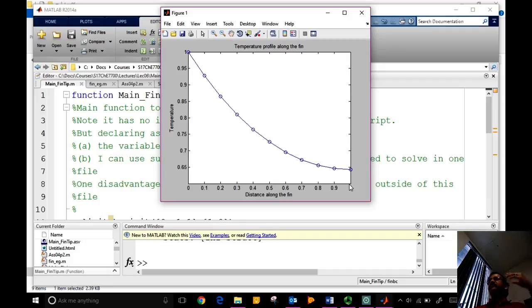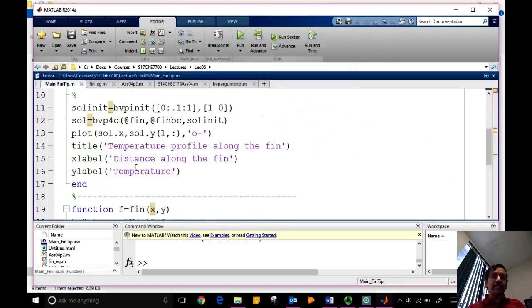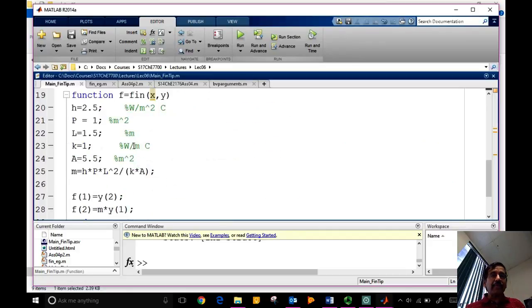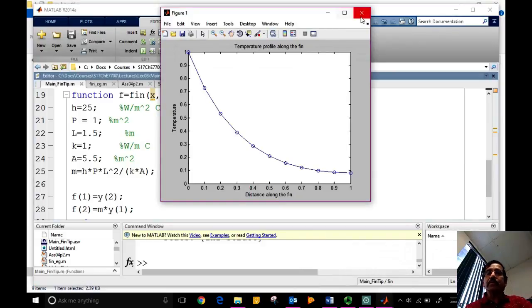Increase the length, increase H, any combination that will increase your M will do that. So let's just increase H and see what happens. 25 instead of 2.5. Did it not take?